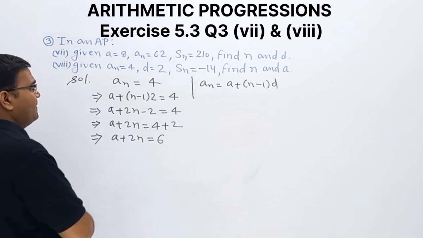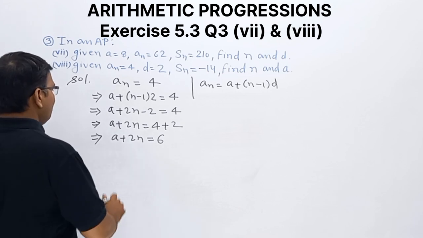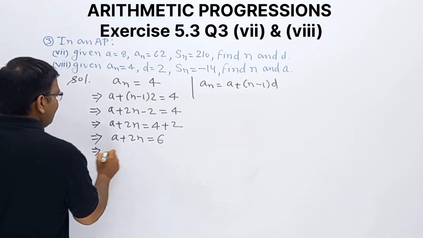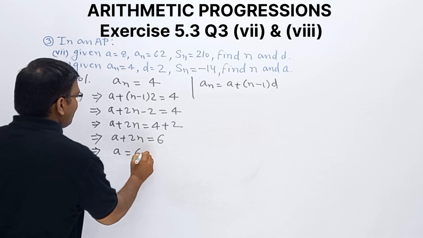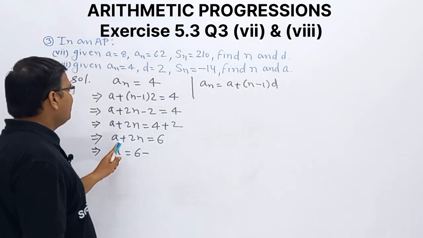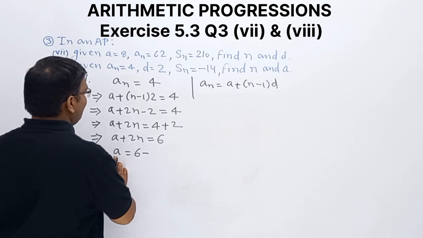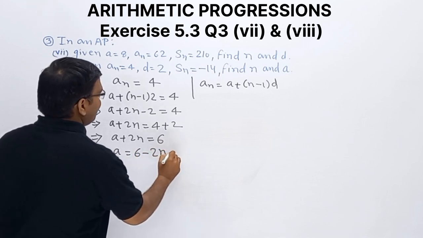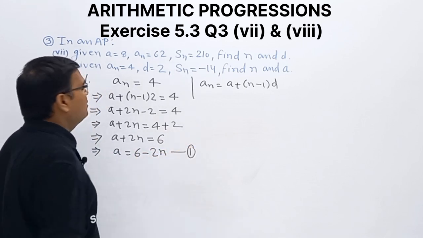From this one, solve for a. We want the value of a, so solving this for a, a equal to 6 minus 2n, and I am putting this as equation number 1.